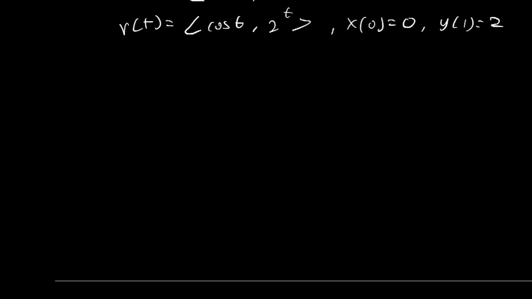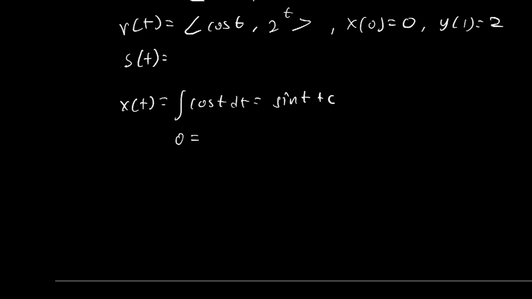So you would do s of t and you would integrate like you normally would. Remember, x of t is equal to the integral of cosine of t dt, which is just sine of t plus c. Now we use the conditions. We know 0 is equal to sine of 0 plus c, so that means c is equal to 0. So our x of t function itself is just sine of t. So we're going to write that here.